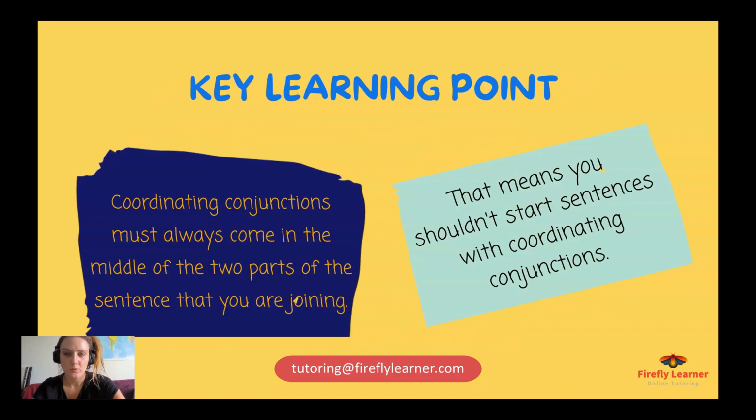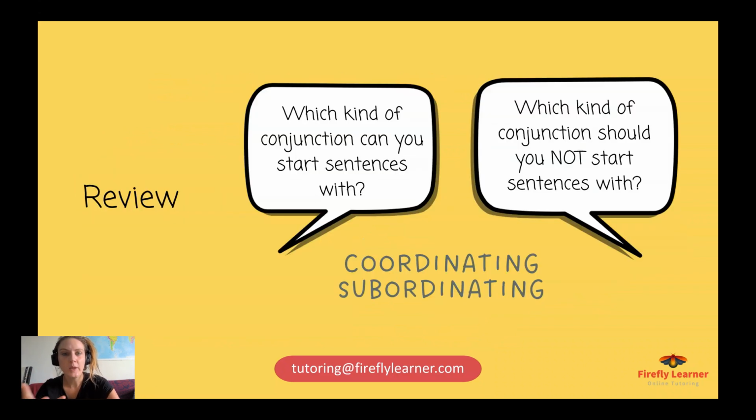So, key learning points so far: coordinating conjunctions always come in the middle of the 2 clauses, in between the 2 clauses that we are joining. That means we should not start sentences with coordinating conjunctions. We should not start sentences with but or so or and. We can start sentences with one type of conjunction though.